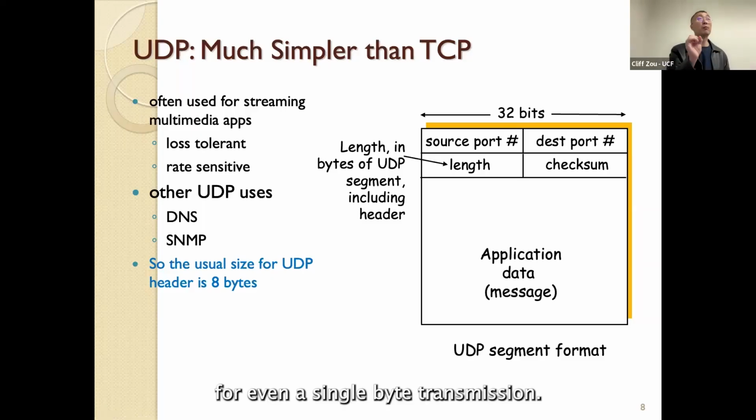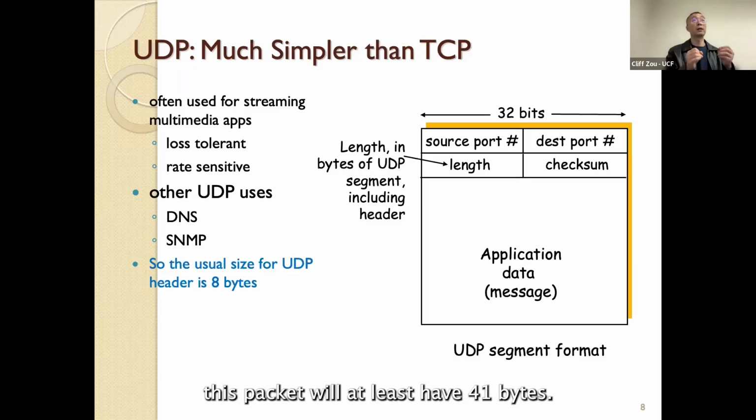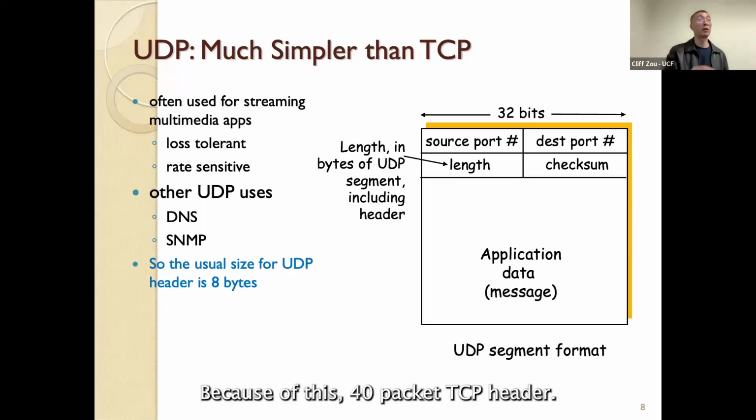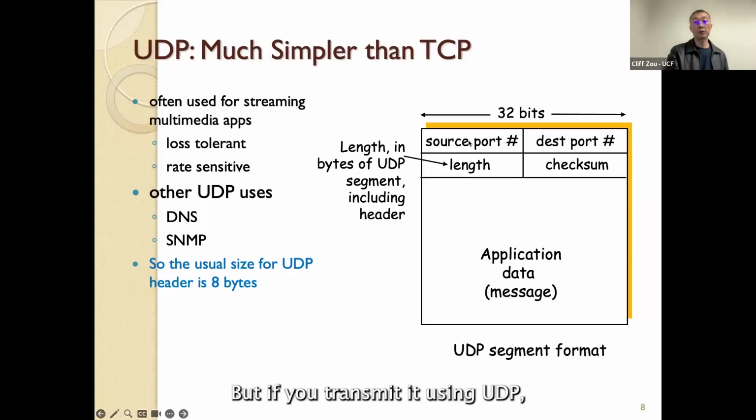For even a single byte transmission, if you transmit using TCP, this packet will be at least 41 bytes because of the 40-byte TCP header. But if you transmit it using UDP, then the packet is only 9 bytes because the overhead is only 8 bytes for the header.